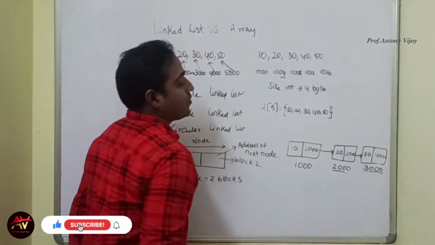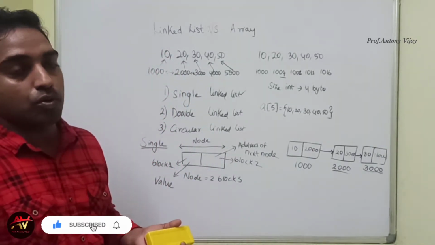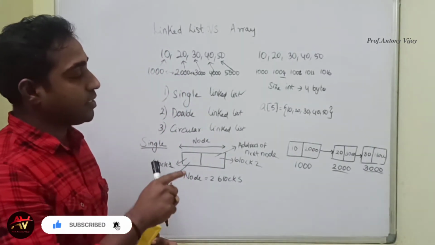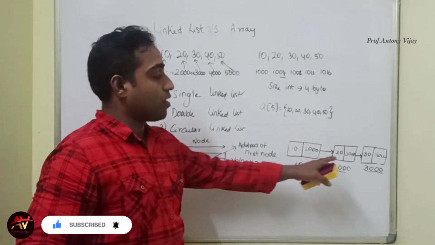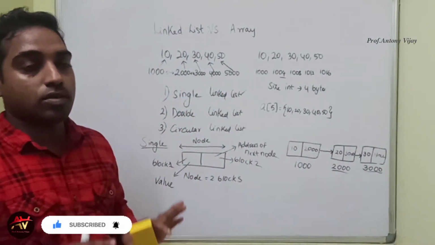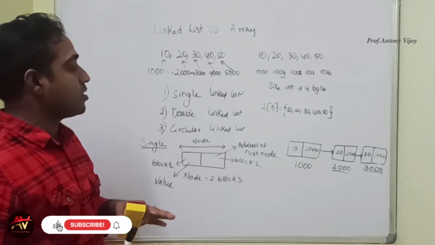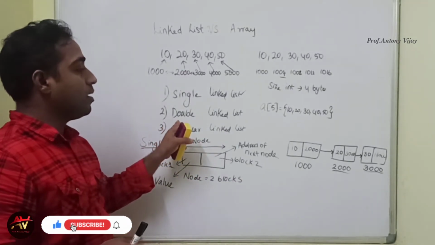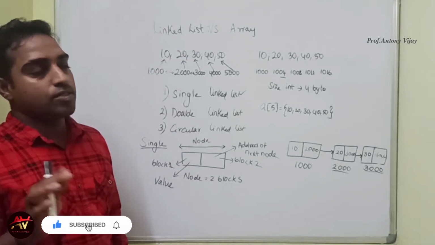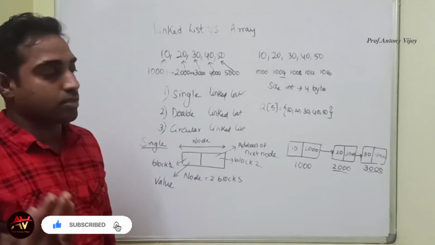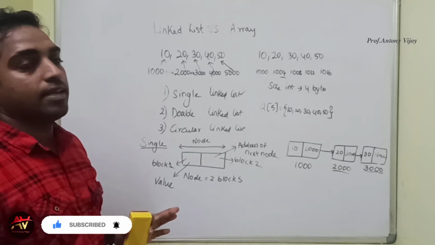On the right side of the third node there is no fourth node, so you have to replace the second block with null. This is the concept of single linked list. The same process is repeated in double, but with small changes. We will see that in the upcoming sessions. So this is linked list.